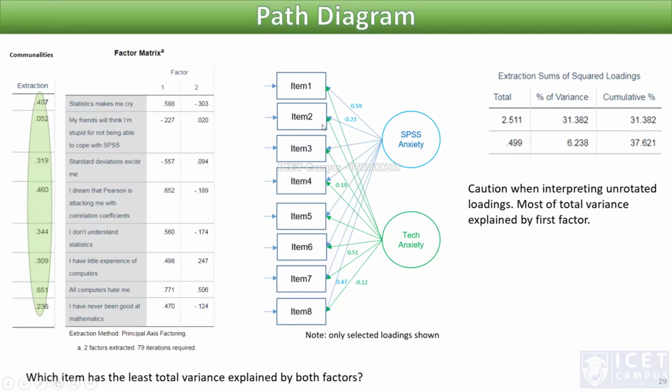Likewise, we have these factor loadings. Therefore, we divided this one questionnaire into two factors: one is SPSS anxiety, the other one is tech anxiety, by using this factor analysis.